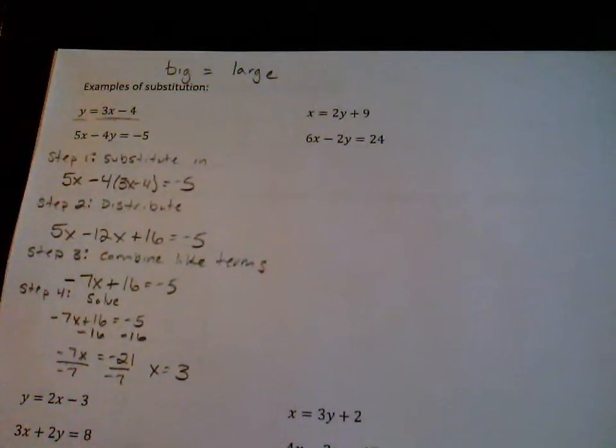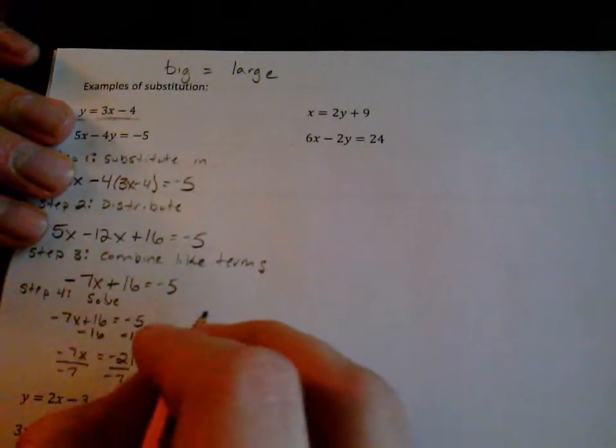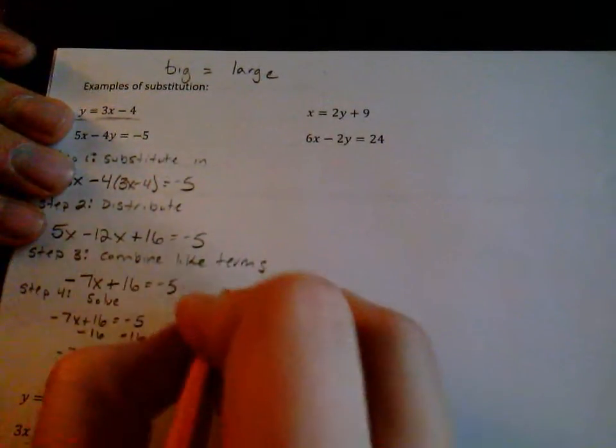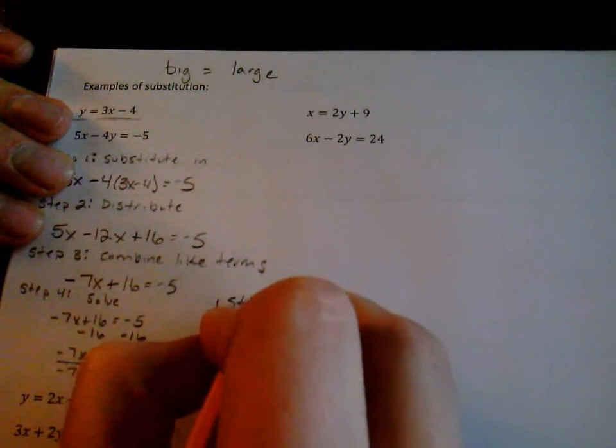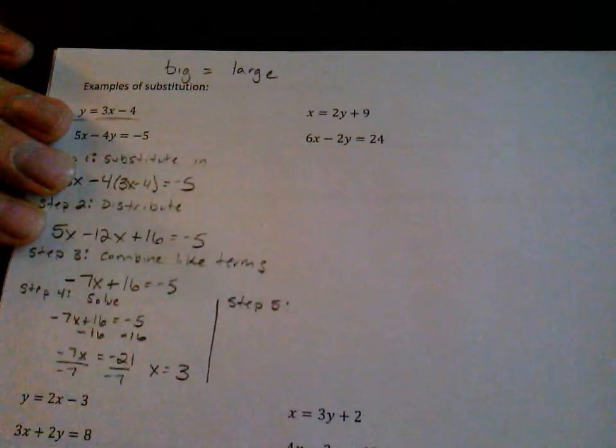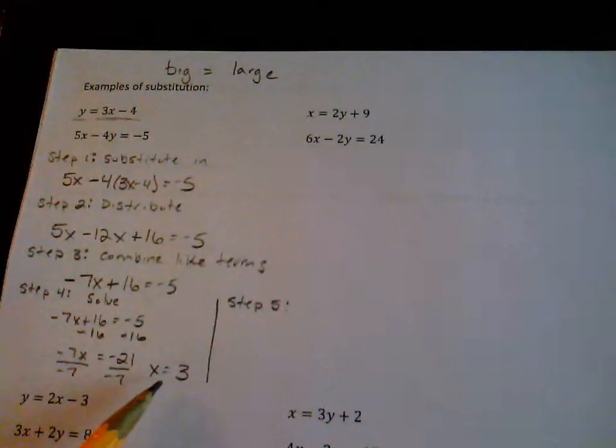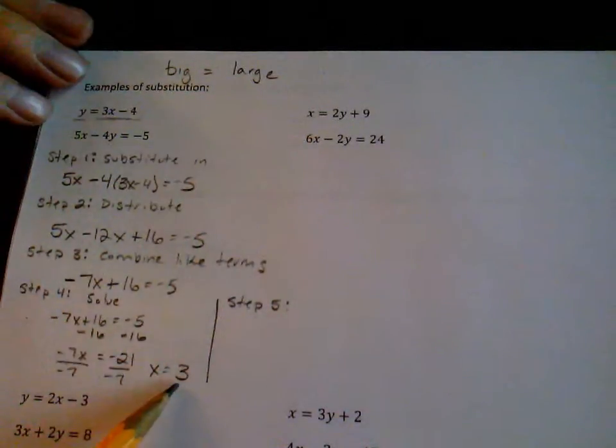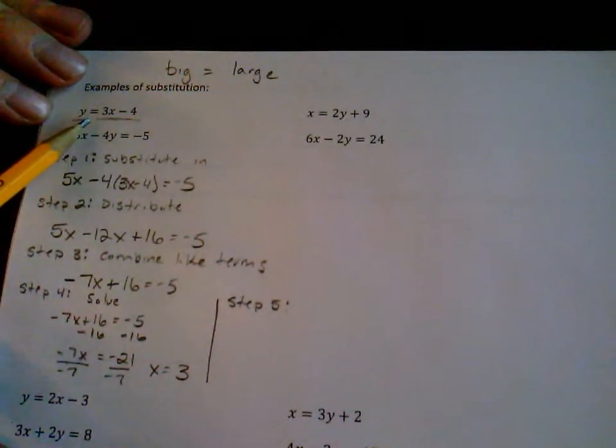Now we're almost done, but we're not quite out of the woods yet. Our last step is step 5. We just figured out the x value of the point where they cross. Now we've got to figure out the y value. To do that, we go back to the original and we plug that 3 in for x.